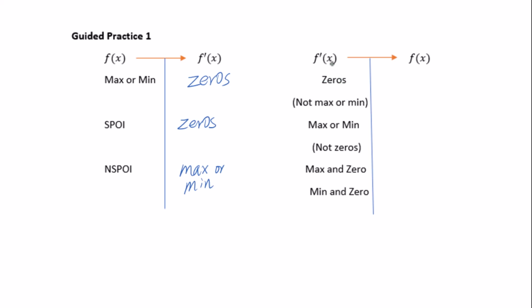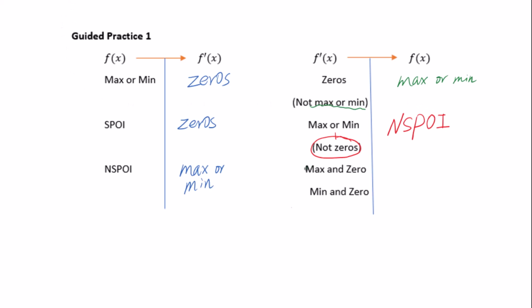Zeros of f prime of x. This 0 is not a maximum or minimum. It will be changed into a maximum or minimum of the original function. For a maximum or minimum, it's not zeros. It will change into a non-stationary point of inflection.